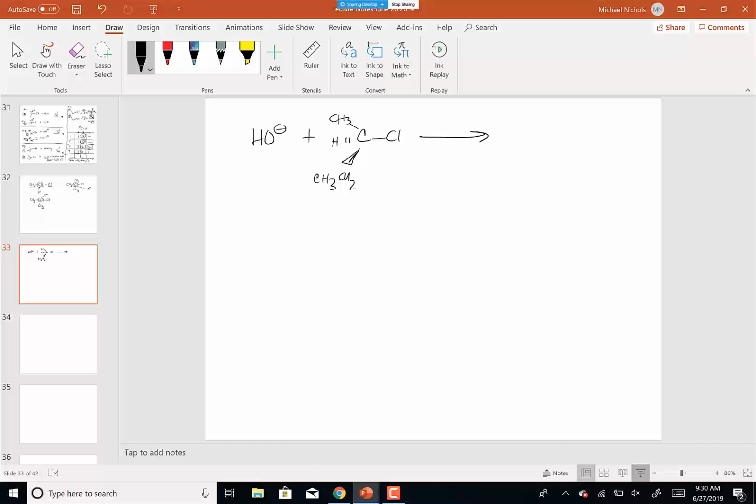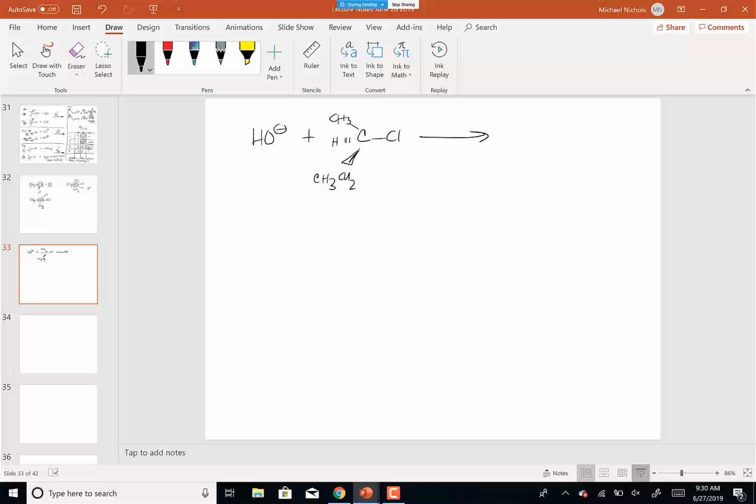So I might combine all of that together. I might say, number 1, what's the mechanism? Number 2, write the mechanism step by step, and then give me the products. And I will also say, show the stereochemistry of the products where it's appropriate.